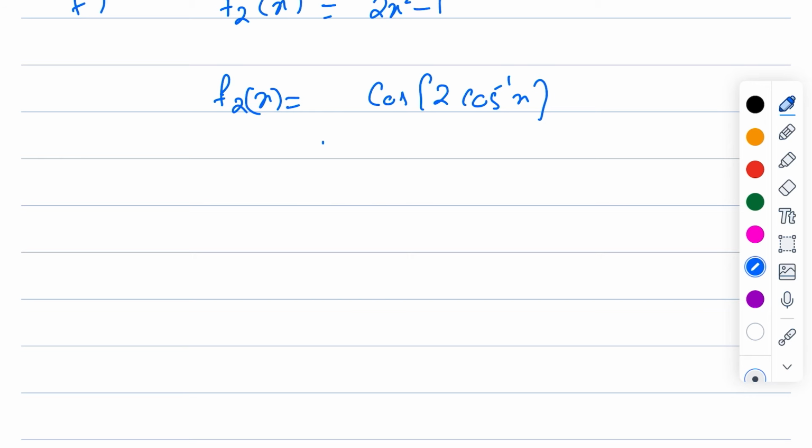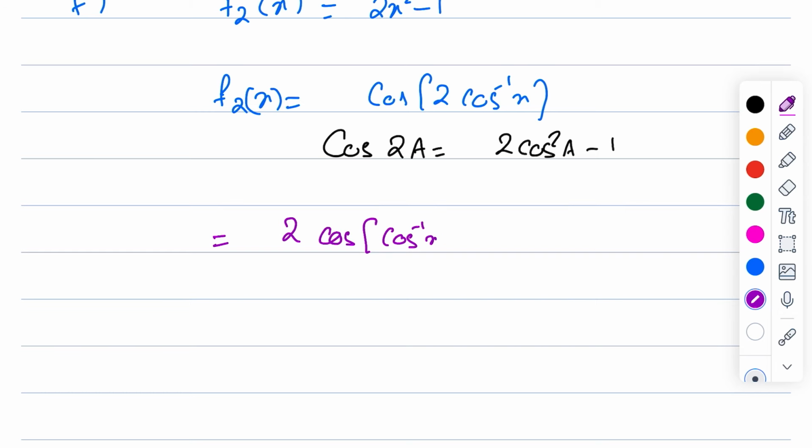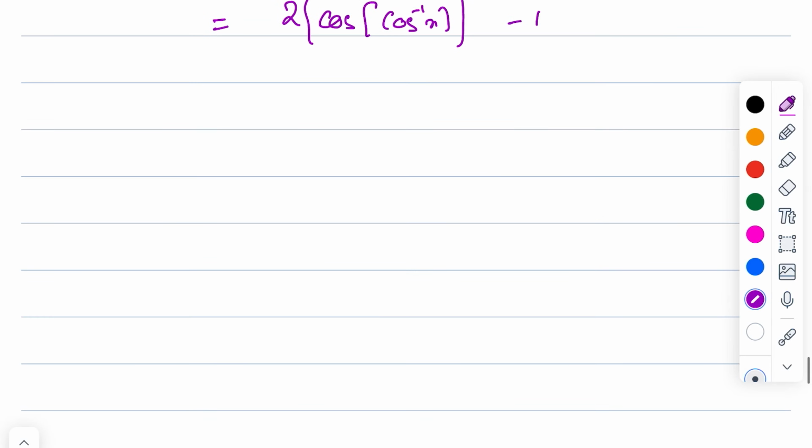What formula are we going to use? cos 2a equals 2 cos square a minus 1. So I'm going to use that identity. So it becomes 2 cos square of cos inverse of x, minus 1. We know that cos and cos inverse get cancelled. So what does it become? 2x square minus 1.